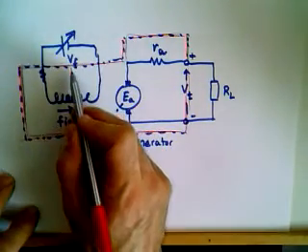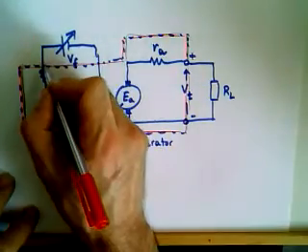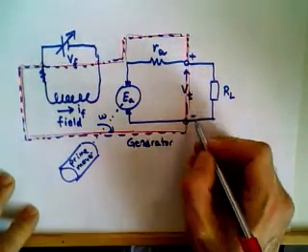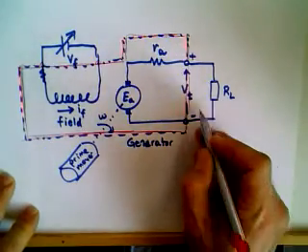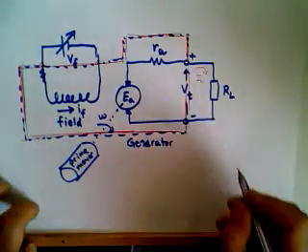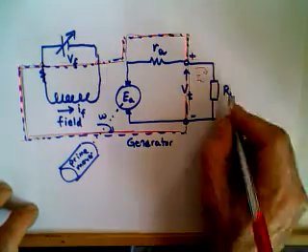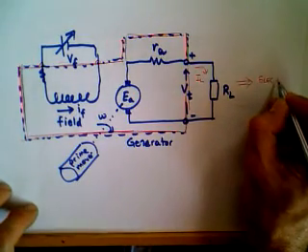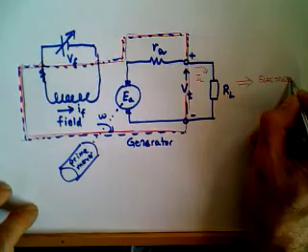The separately excited field voltage source is connected through field terminals, and armature terminals are connected to the load so that the load is fed and electrical power is obtained at the output.